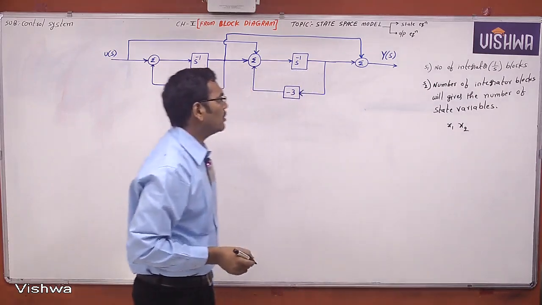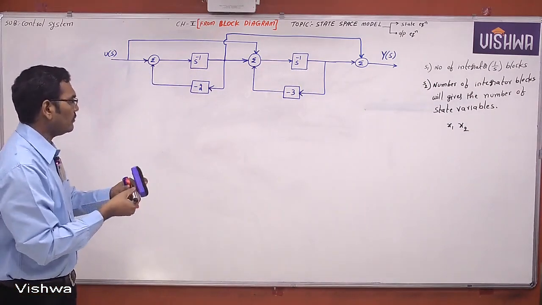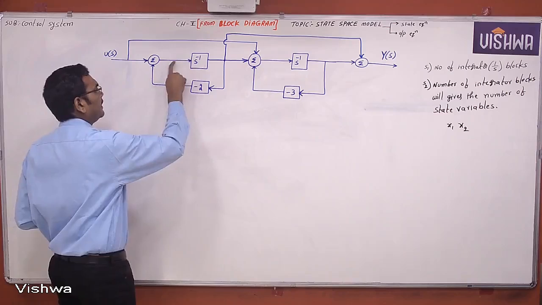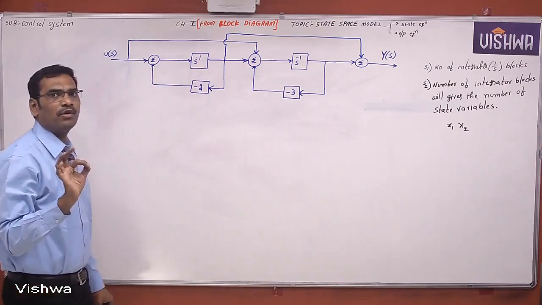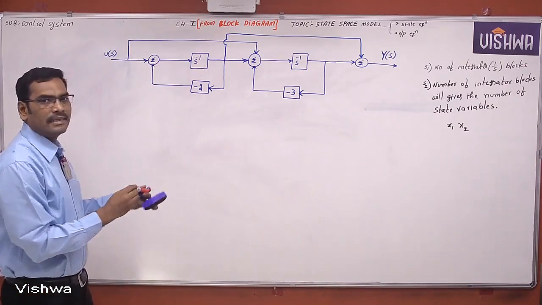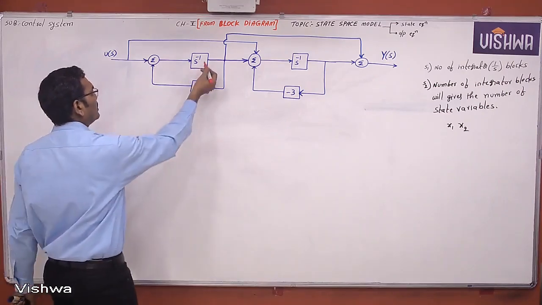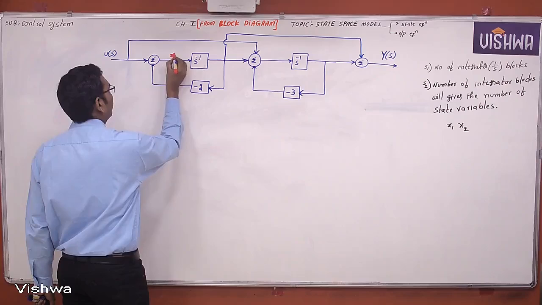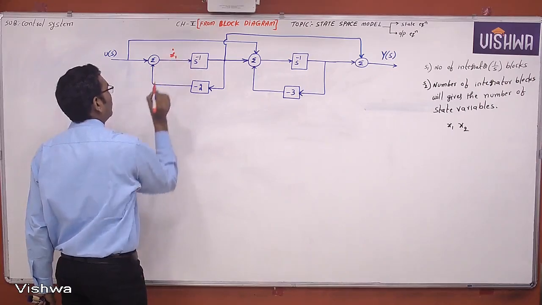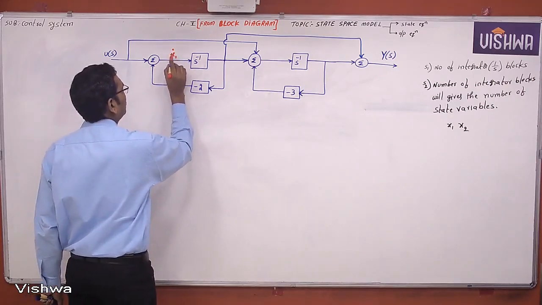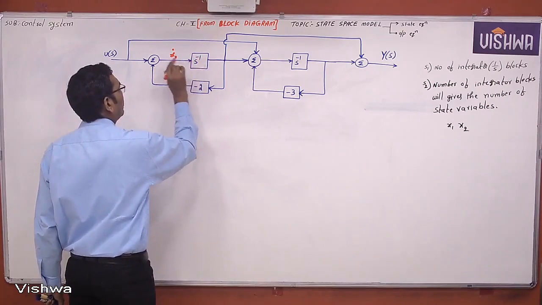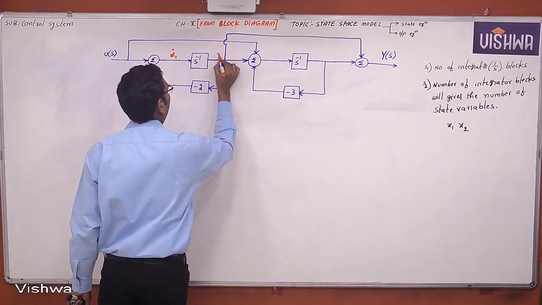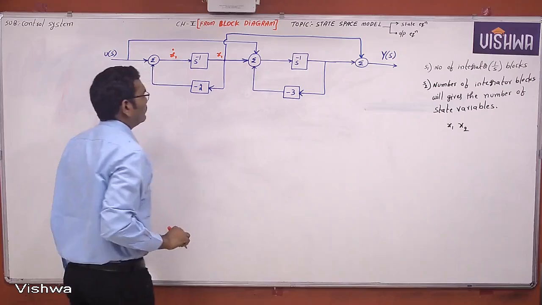Now see here. Before the integrator block, take the state variable in differential form. Then this is x1 dot. Why? Because this is the differentiation and it goes to the integration block, differentiation and integration cancel, and this is x1.